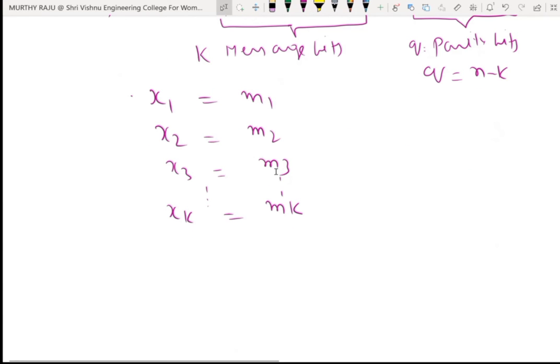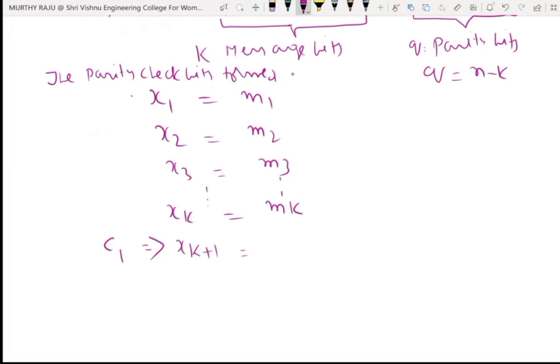That means C1 is equal to x(k+1). The parity check bits are formed by a linear combination of the message bits.